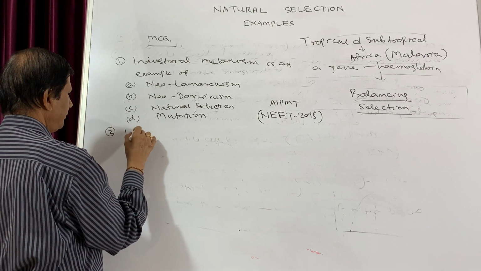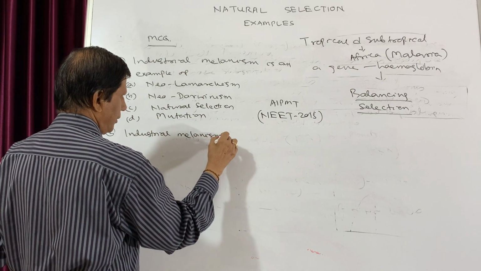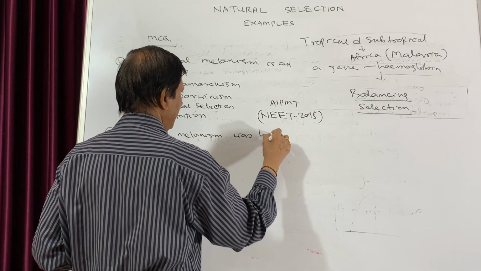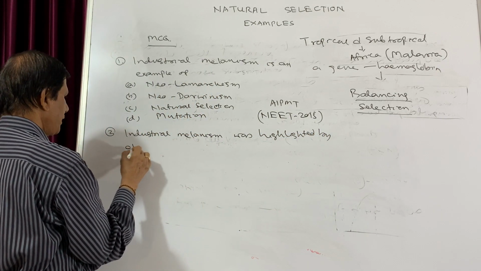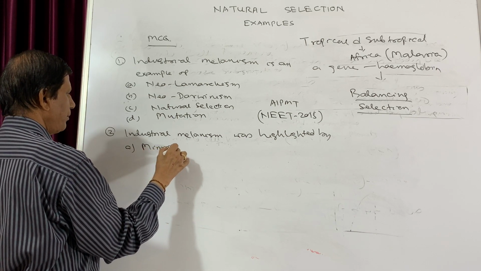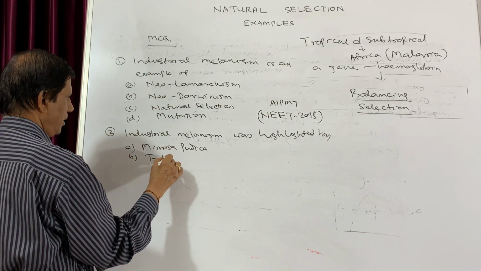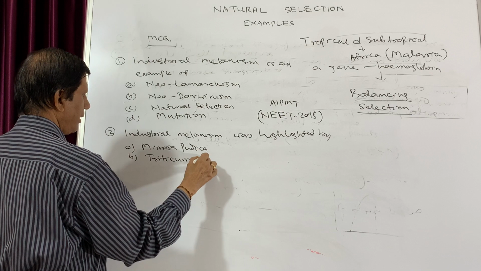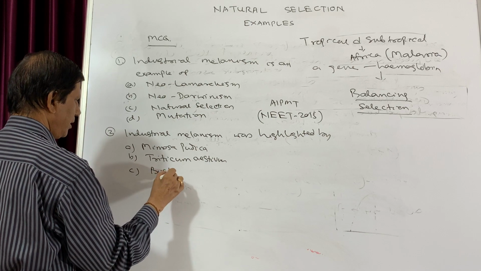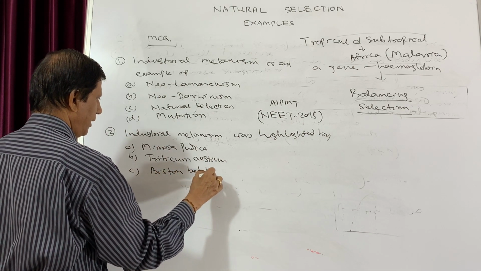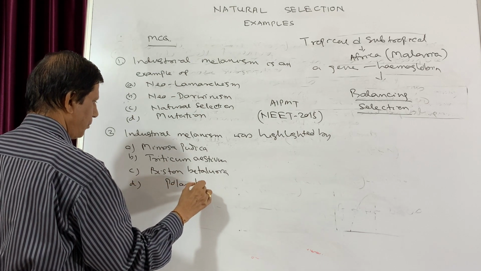The industrial melanism was highlighted by: first choice, Mimosa pudica; second choice, Triticum aestivum; third choice, Biston betularia; and the fourth choice, polar bear.